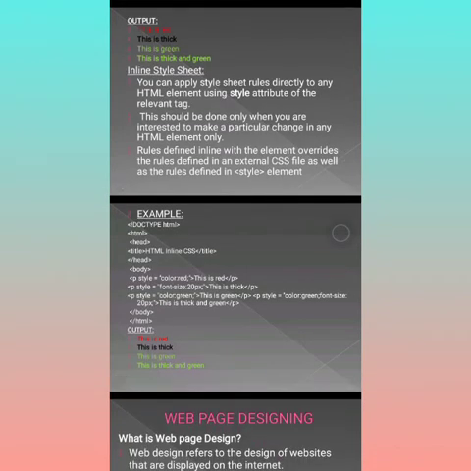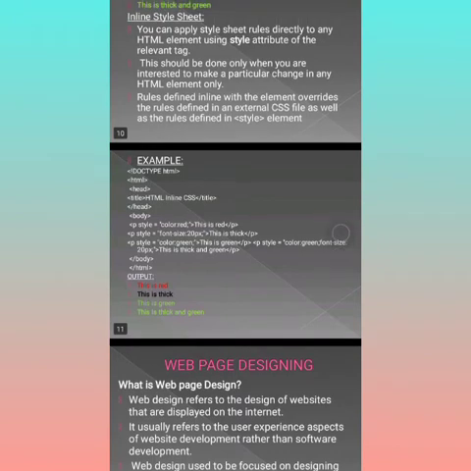Rules defined inline with the element override the rules defined in an external CSS file as well as the rules defined in the style element. An example of an inline style sheet is given below.